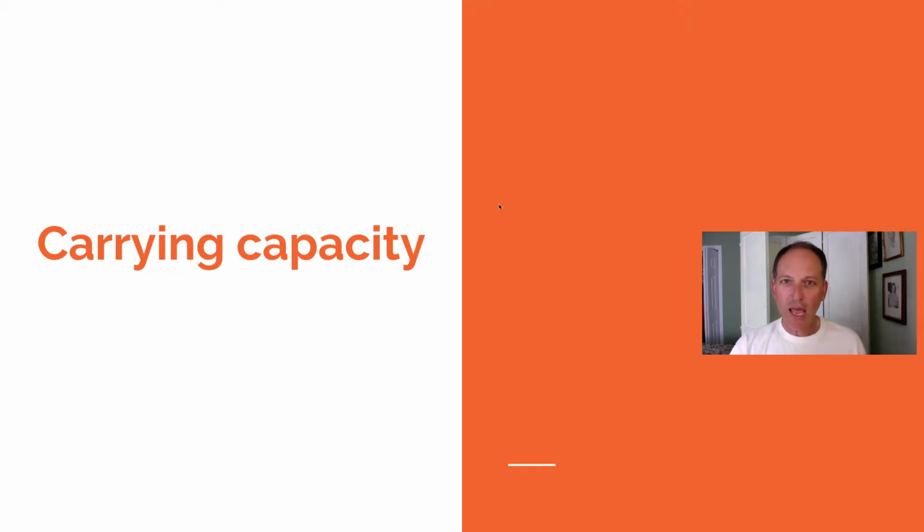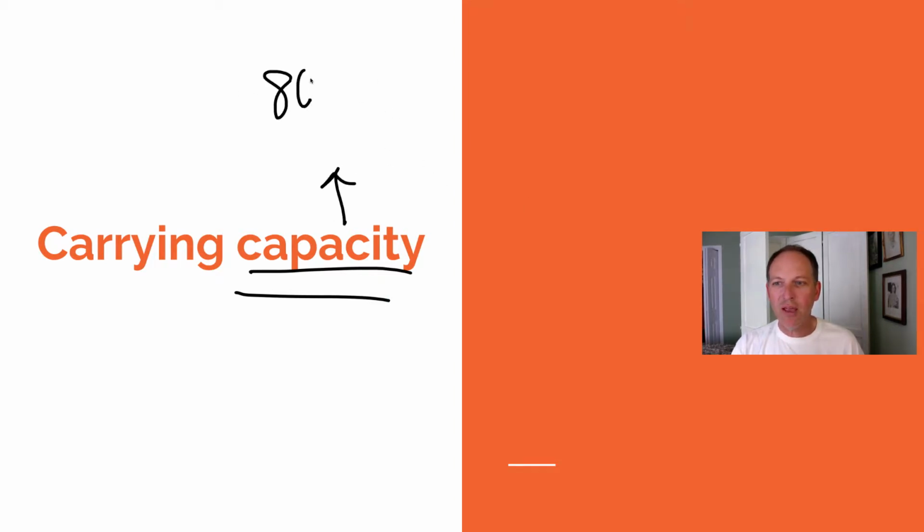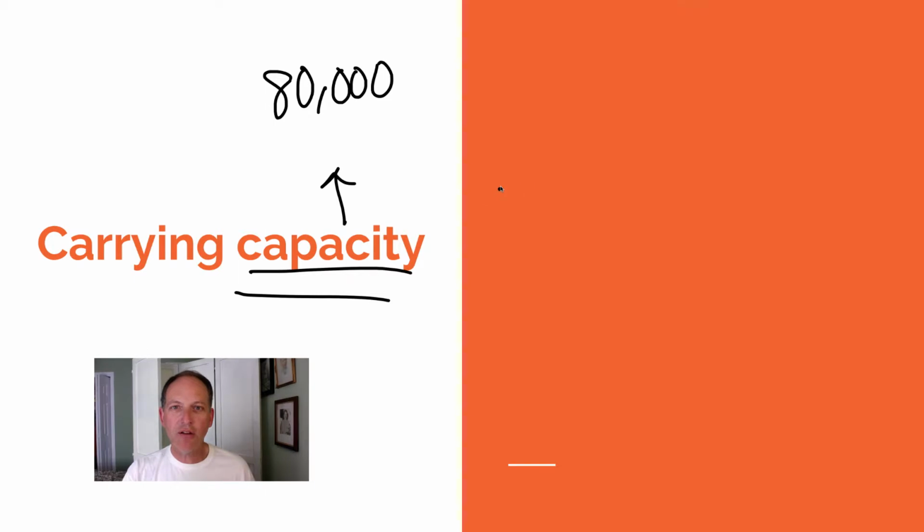When you look at an area, you want to oftentimes look at something called the carrying capacity. Now, capacity you may have heard of before. For example, Lambeau Field in Green Bay has a seating capacity of around 80,000 people. In other words, they'll sell tickets up to that, but anything above that, they're done.